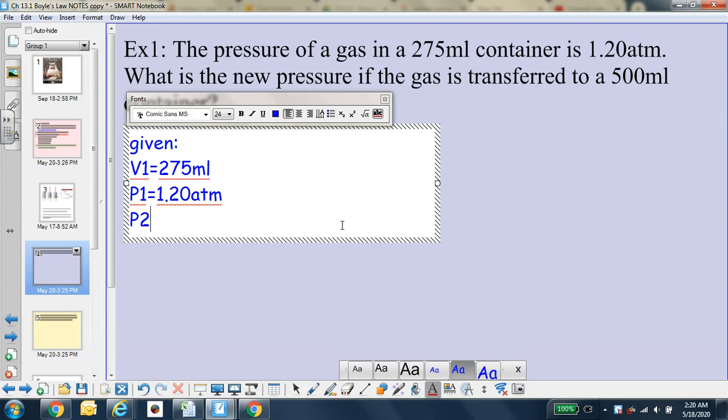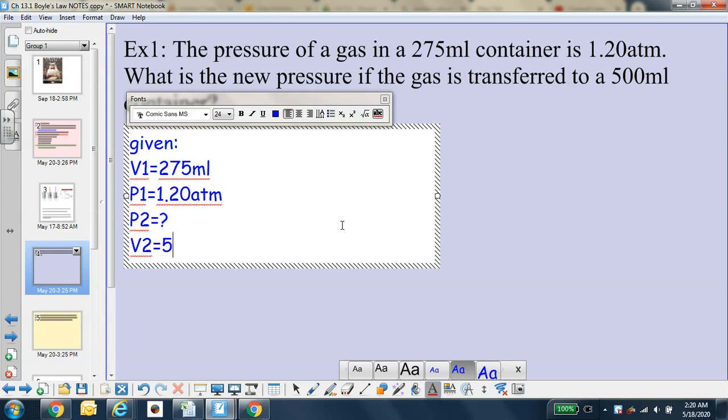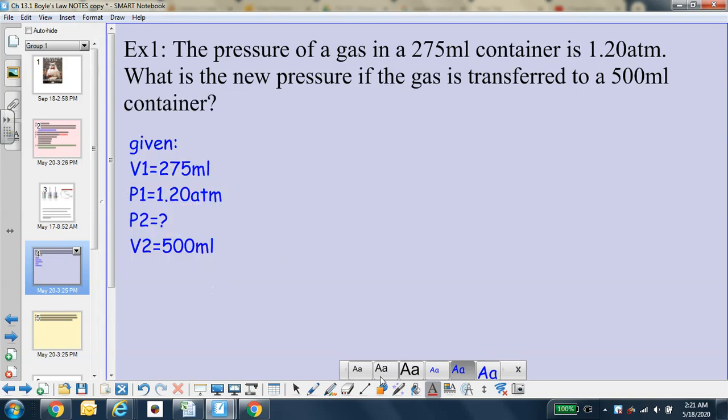P2 is what we don't know. That's our unknown variable that we're trying to solve for. And V2 equals 500 milliliters. So here we've listed our given. It'll make it real easy to locate whenever we want to put it into our formula.